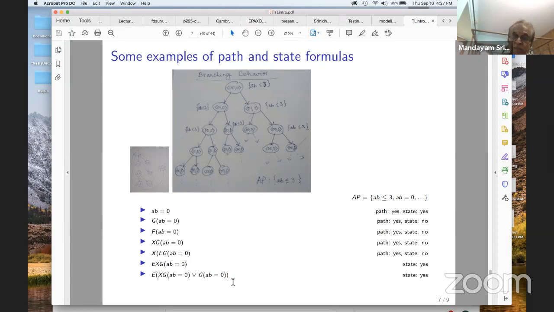Given a formula, figuring out what it means is much easier than if you were faced with a property stated in English, which you want to convert formally into a temporal logic formula in one of the sublogics that I've used.